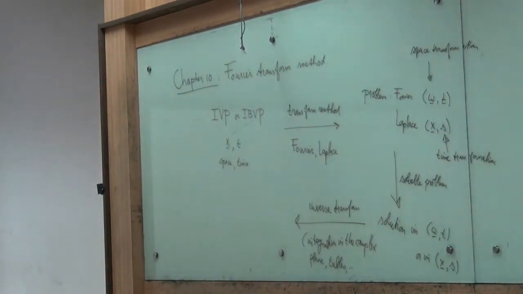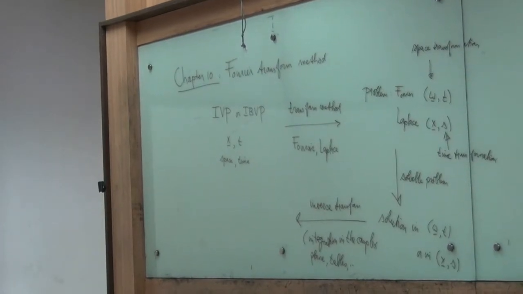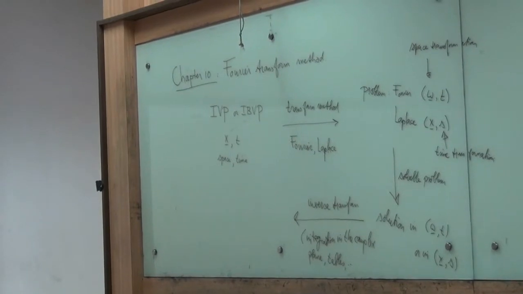Yeah? And nowadays in packages like Maple, Mathematica, Maxima, all those transforms are given over there. So if you give the function in omega and t, or in x and s, what they know, they transform it back for you. Yeah?